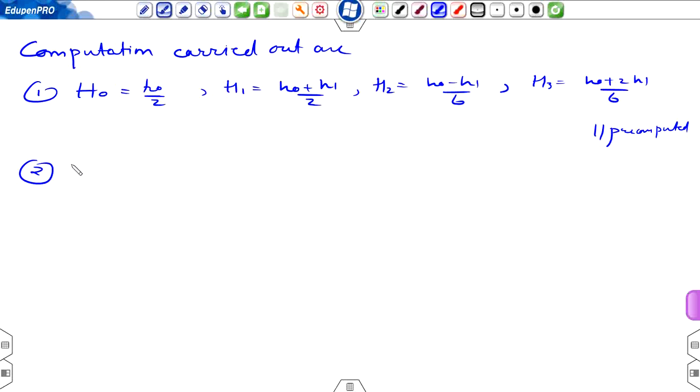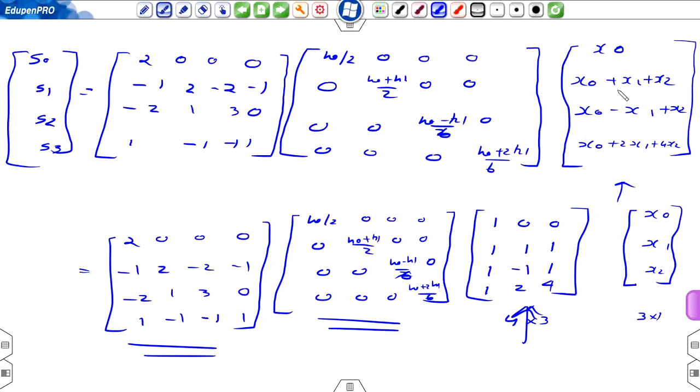In the second step, with the help of the pre-computation matrix, the signal will be added or subtracted accordingly. So capital X0 is small x0, capital X1, capital X2 and capital X3.